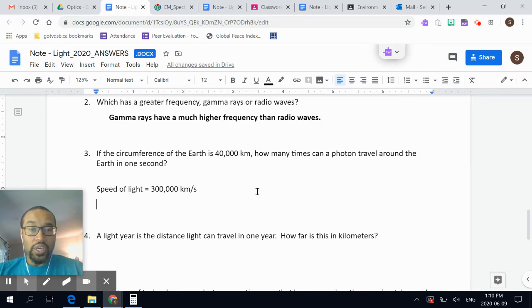We know that the circumference of Earth is equal to 40,000 kilometers. So in 1 second, a photon of light is going to travel around the world many times, right? Because it goes 300,000 kilometers in 1 second, and the circumference of the Earth is only 40,000 kilometers. How many times? Well, we need to do a little bit of math.